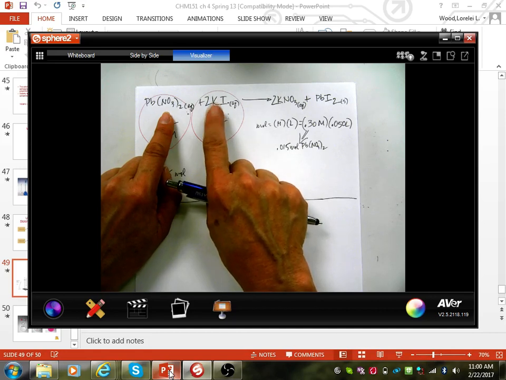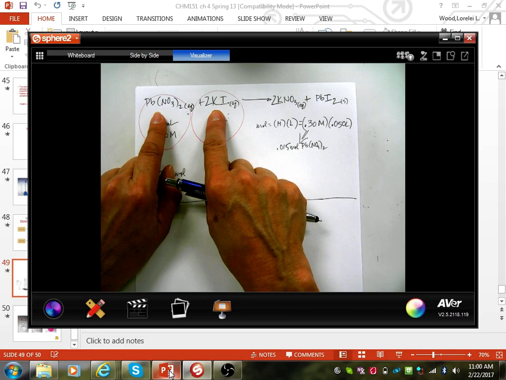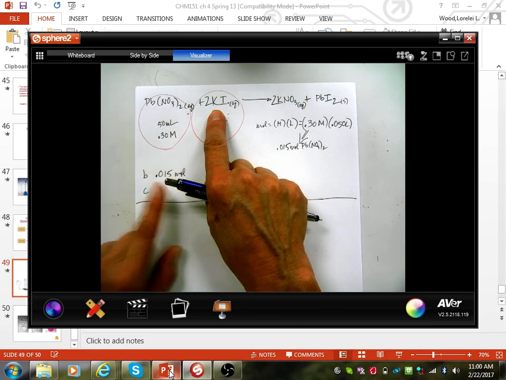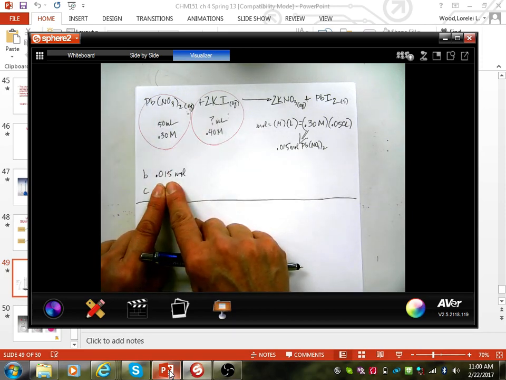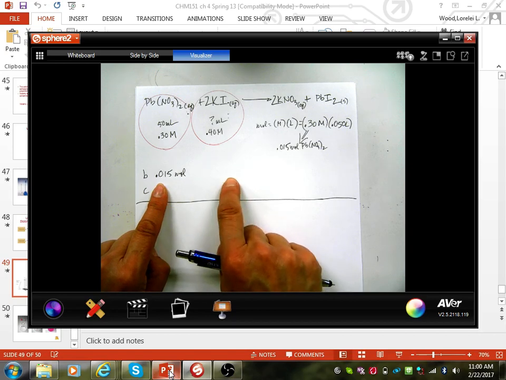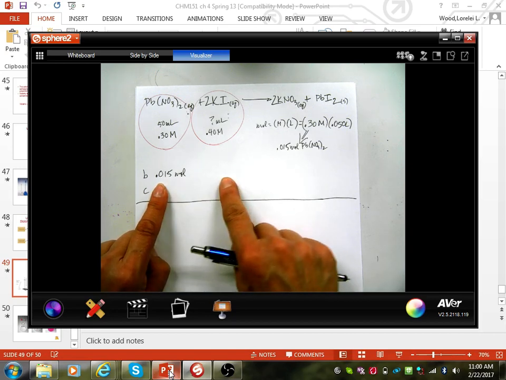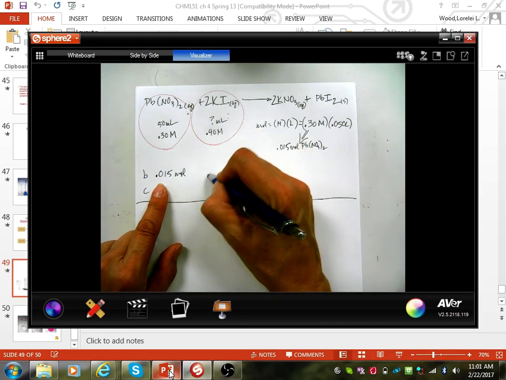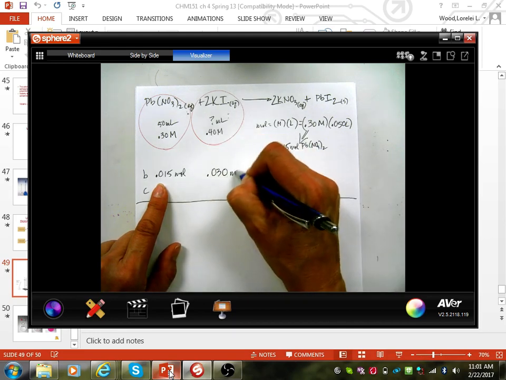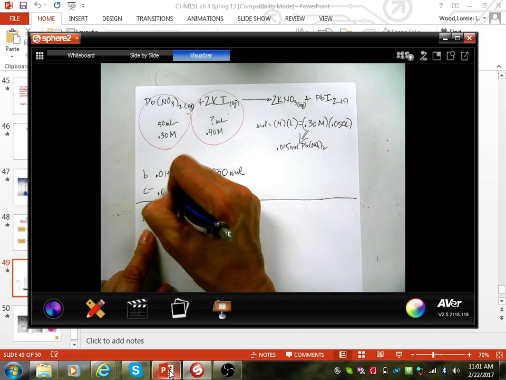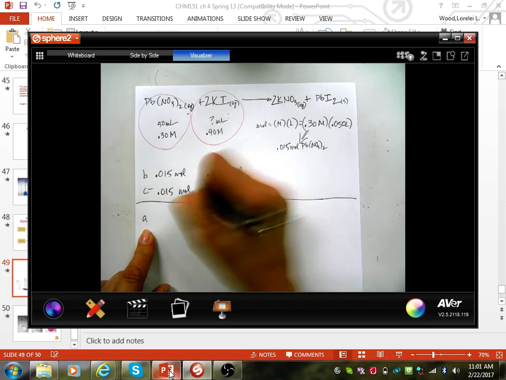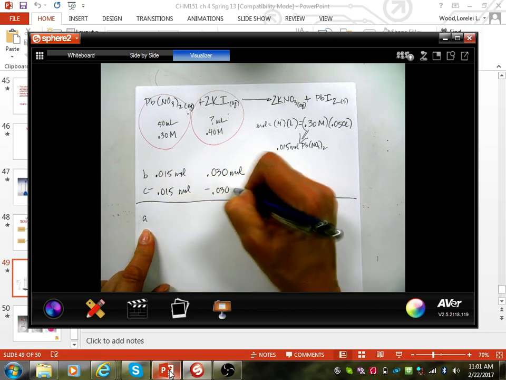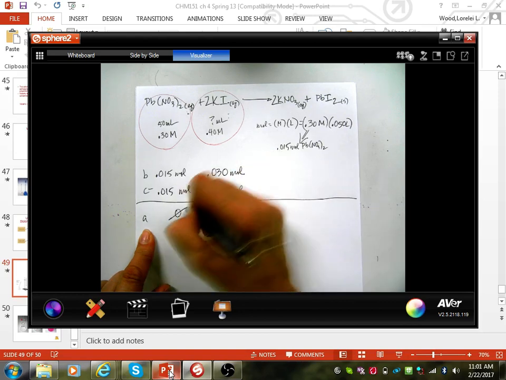I have to have twice as many moles of that as moles of this in order for the reaction to occur. So if I've got 0.015 of this, how much of that would I have needed to react all of it? 0.030 moles of that. So I'm going to use up all of that. I'm going to use up all of that. I have none of that left over.